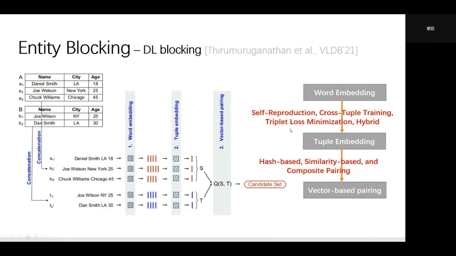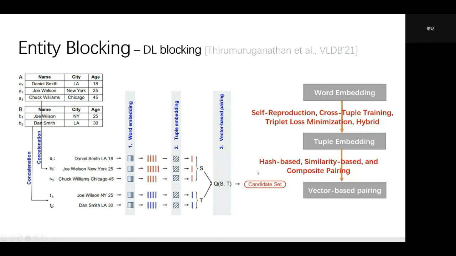And then we use vector-based pairing methods such as hash-based, semantic-based, or composite pairing methods to find the similar pairs, which generates the final candidate set. So in the following, we mainly discuss how to transform the matrix to the tuple embeddings.